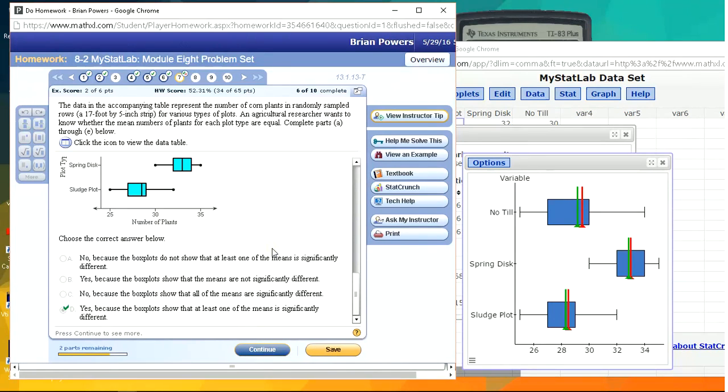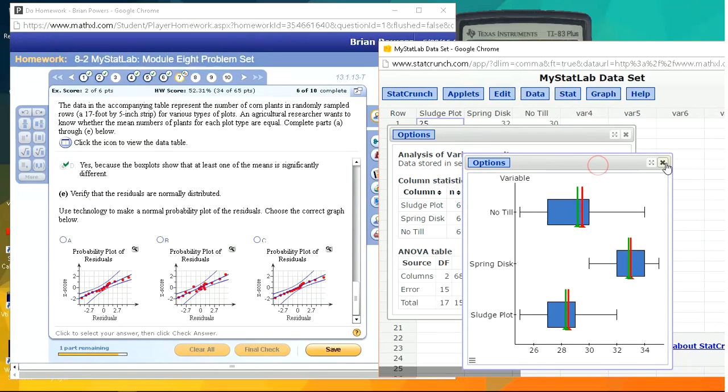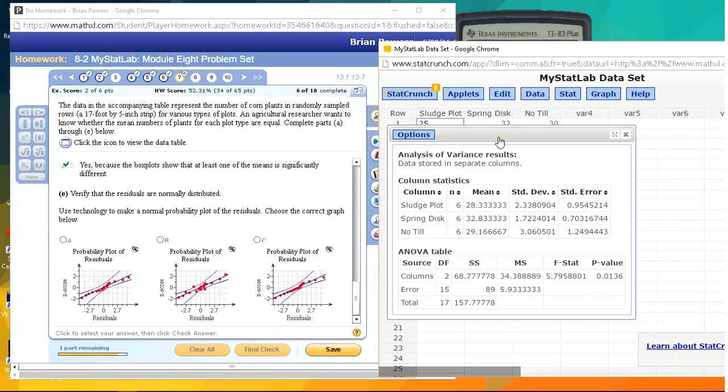All right, so this next part is quite tricky to do if you don't know how to do it. It says use technology to make a normal probability plot of the residuals. So, what is the normal probability plot of the residuals? How do you create that?